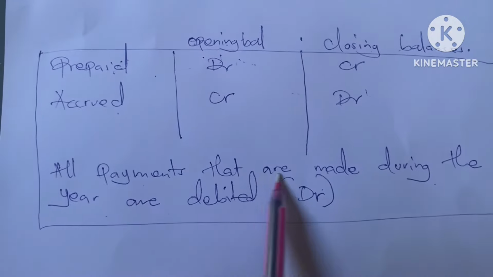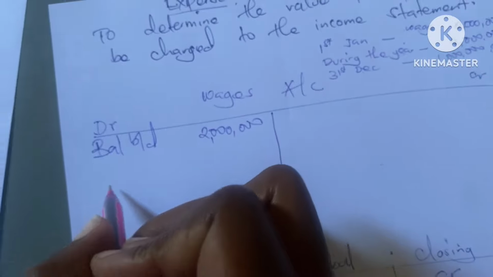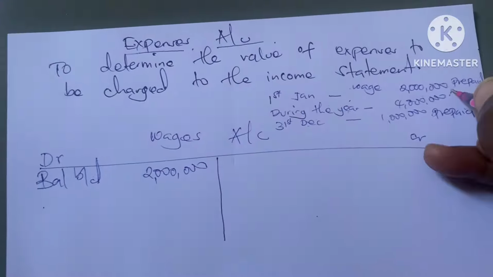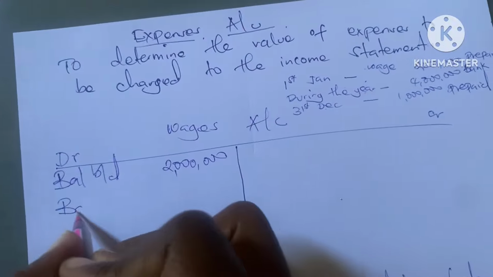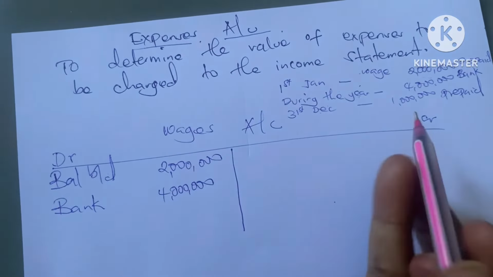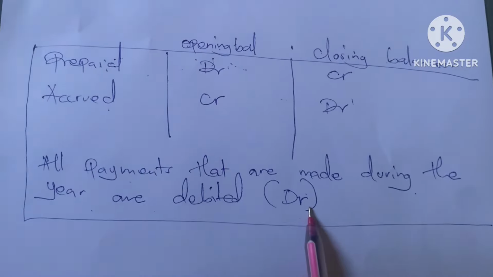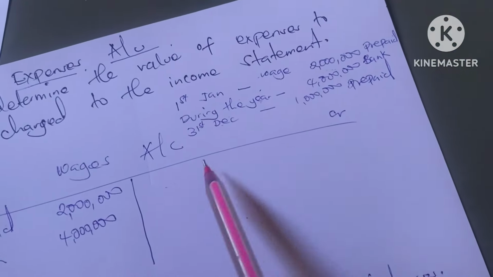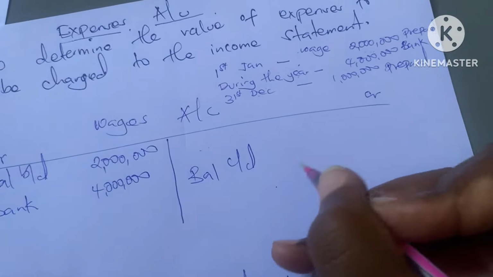So all payments that are made during the year are debited. Maybe they were paid through the bank. It can either be bank or cash. So here you write bank 4M, because all payments that are made during the year are debited. Then the closing balance is still prepaid. We said prepaid closing balance you credit. So on the credit side, we write balance carried down, which is 1M.